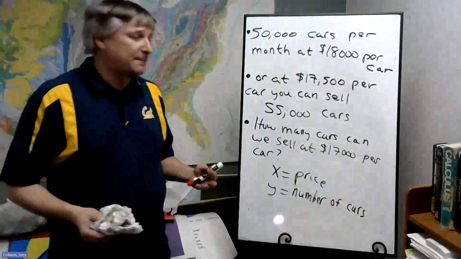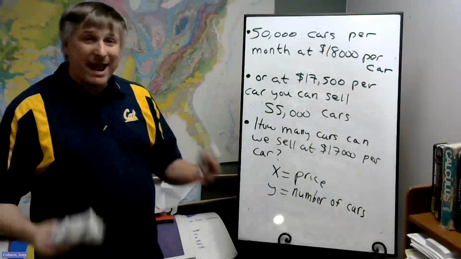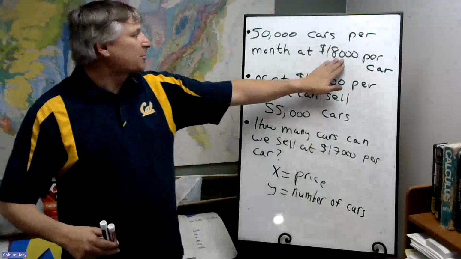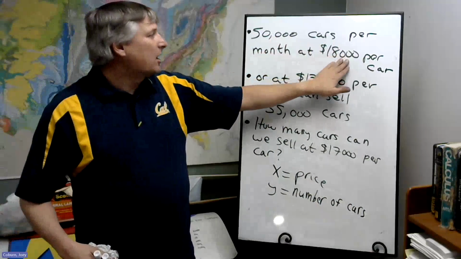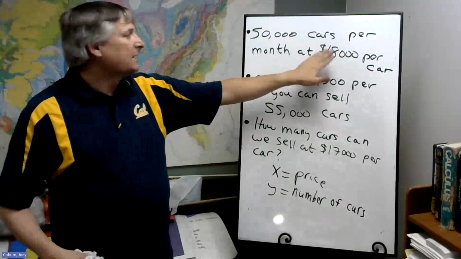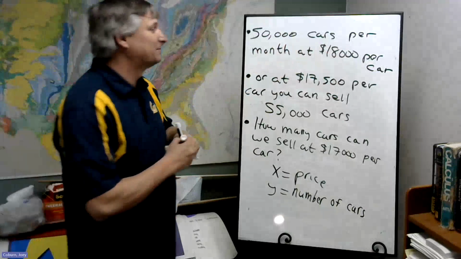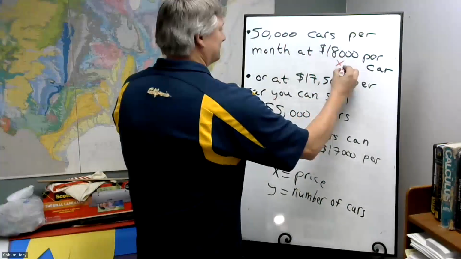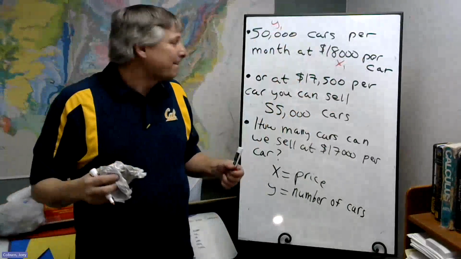So we need to come up with the formula of a line. And we can do that if we have 2 points. And we actually do. Here's a price, and here's a number of cars sold. A cause and an effect, an X and a Y. I'm going to call this X1, Y1. And we have another pair.